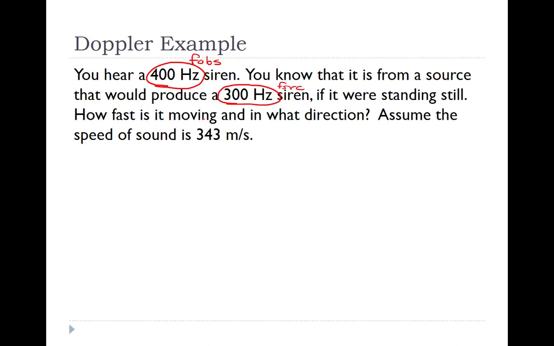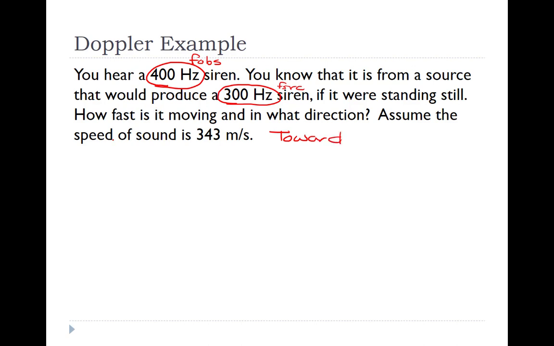I want to know how fast is it moving and in what direction, and again I'm told the speed of sound is 343 meters per second. So the first thing I'm going to do is look and see, 400 hertz, 300 hertz. The observed frequency is higher than the source frequency, therefore it is a blue shift, and I know it is moving toward.